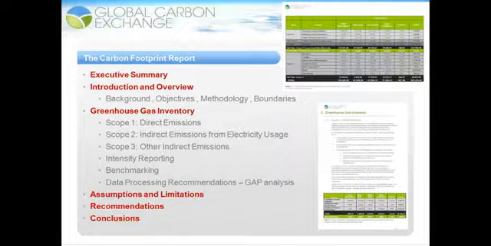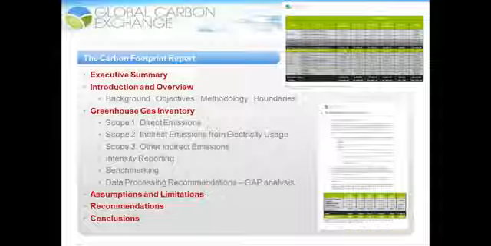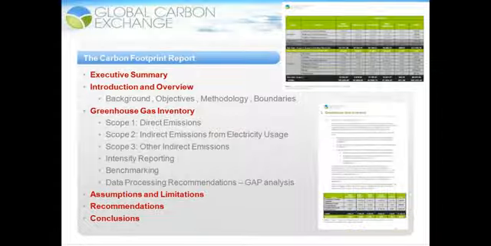We also provide very clear communication on the assumptions and the limitations that were made, because often what happens is that there is a changeover or a turnover of staff, and if someone comes and has to pick up, they are unable to really make head or tail of what was done in the previous year.